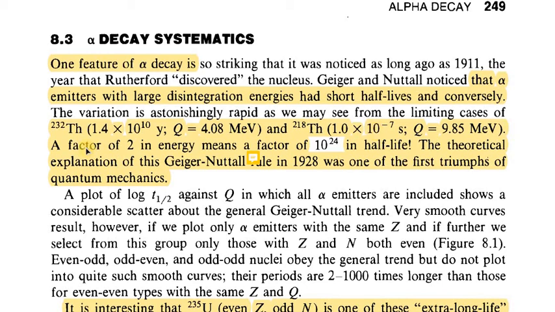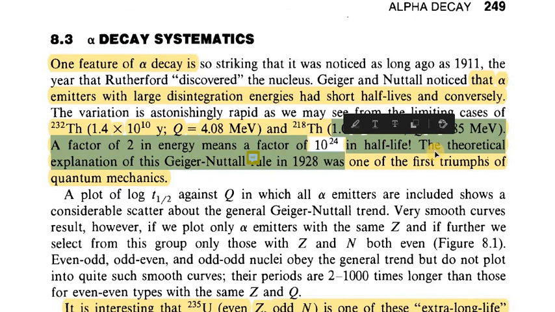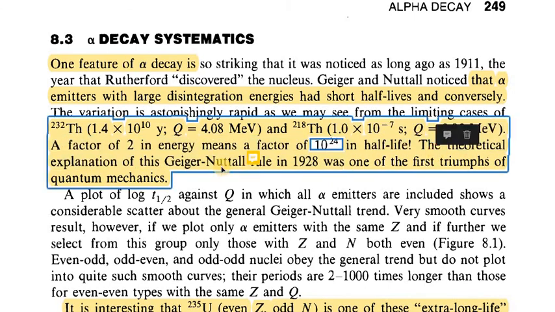A factor of 2 in energy means a factor of 10 power 24 in half-life. The theoretical explanation of this Geiger-Nuttall rule in 1928 was one of the first successes of quantum mechanics.